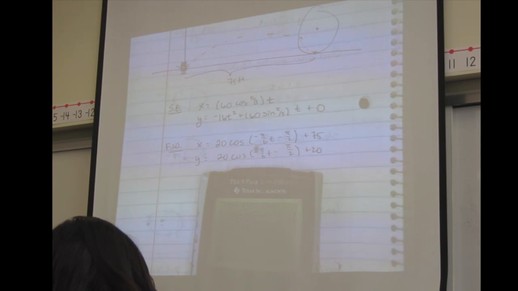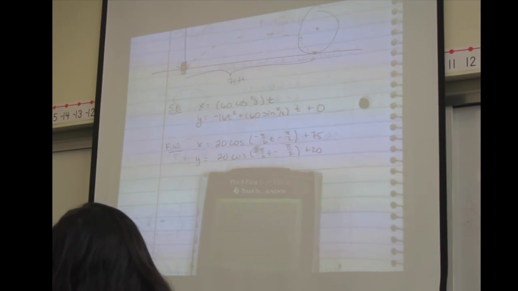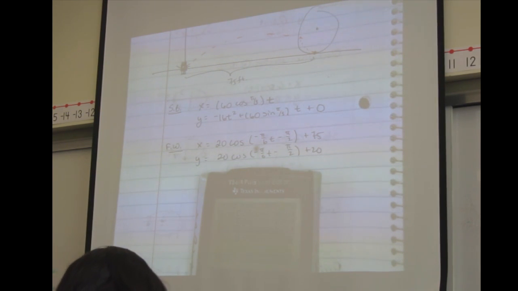Alright, so here you gotta be a little careful. 60 cosine pi over 3 T, and negative 16 T squared plus 60 sine pi over 3 T. That's it, right?